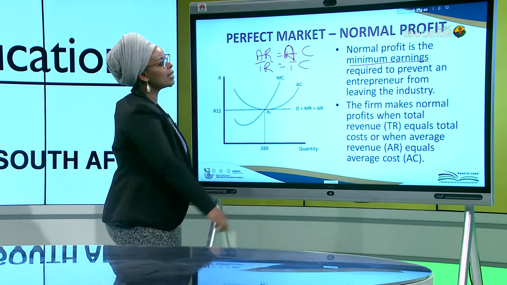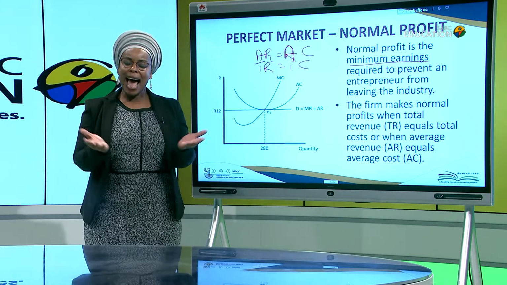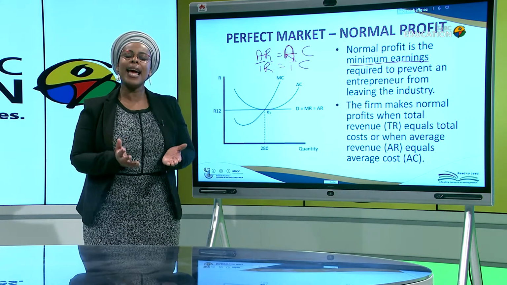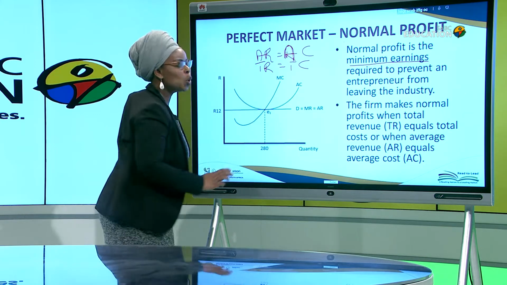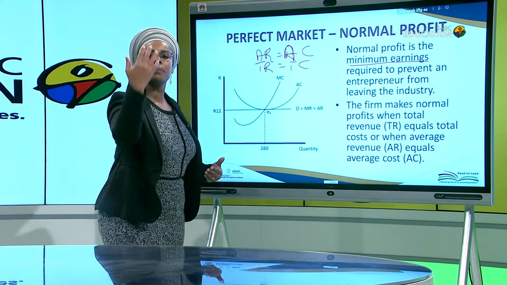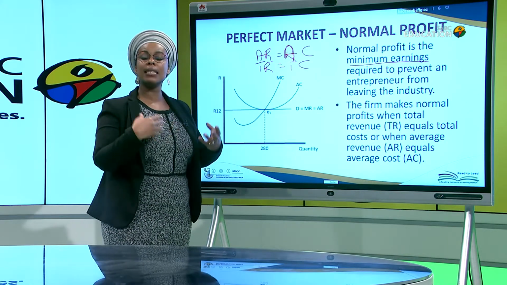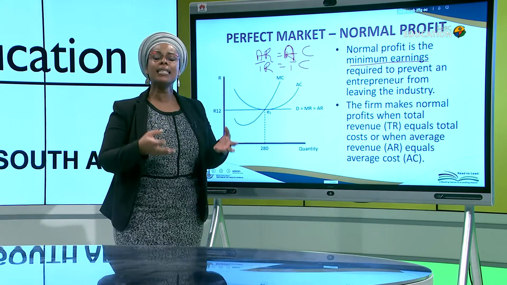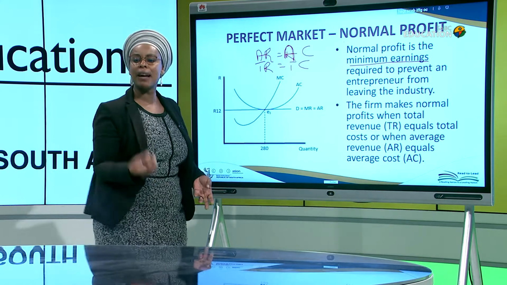So when the business is making normal profit, the AC curve will lie tangent to the AR. It will prove that AR equals AC. So it means that the business is not making a loss, the business is not making a profit, the business is operating at a break-even cost. You spend 500, you receive 500.